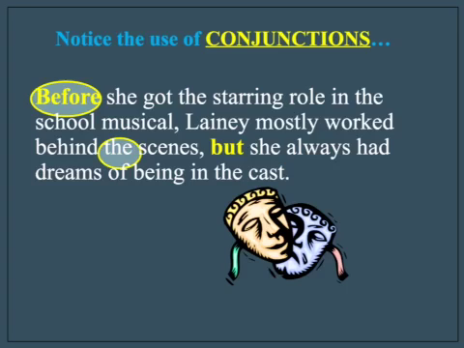And then you're going to see two independent clauses connected with a fanboys coordinating conjunction. Lainey mostly worked behind the scenes. She always had dreams of being in the cast. Both of those are independent clauses and could stand alone. Voila! A compound complex sentence.